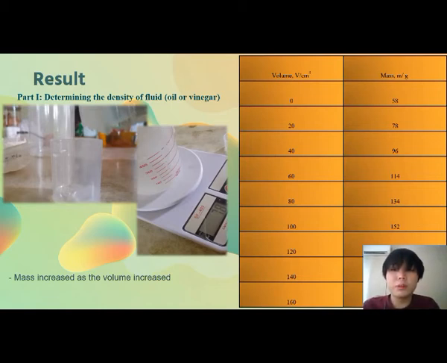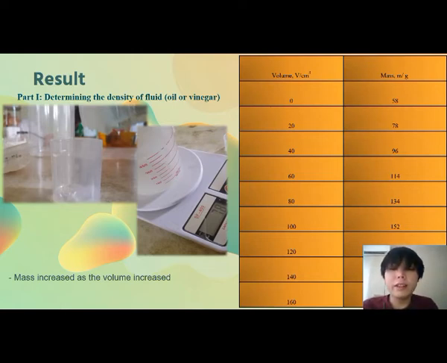For the first one, we measure the mass of the cylinder itself, which is 58 grams. Initially there is no vinegar inside the cylinder, so we label it as 0.